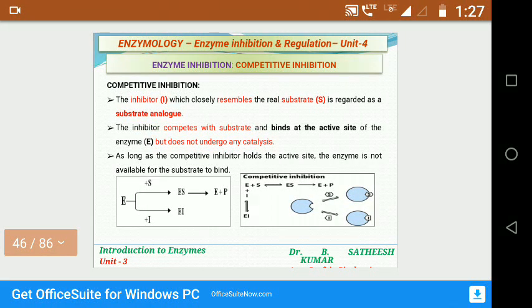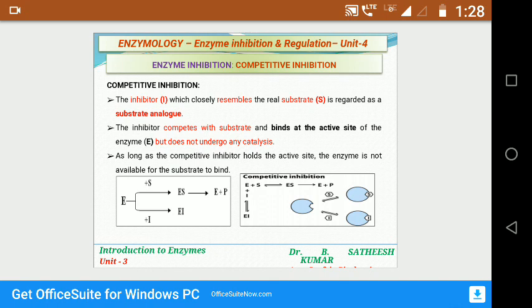In competitive inhibition, the inhibitor binds to the active site like the substrate. It binds to the active site, so it competes with the substrate for the active site. Therefore, it is known as competitive inhibition. The inhibitor has similarity in structure with the substrate, therefore it binds to the substrate binding site.